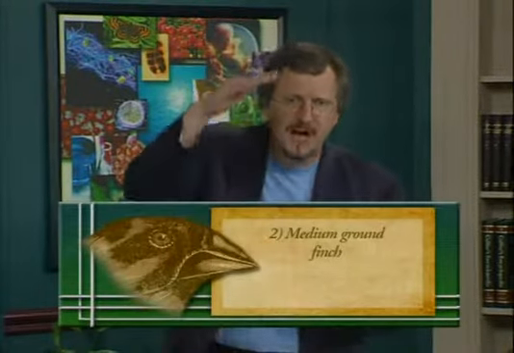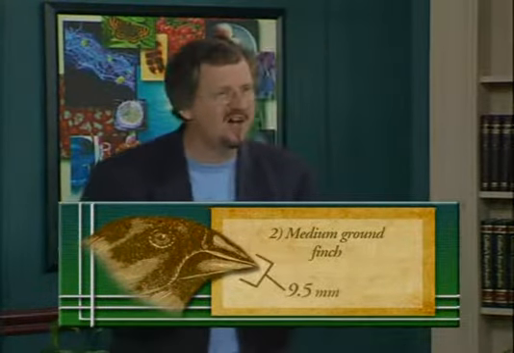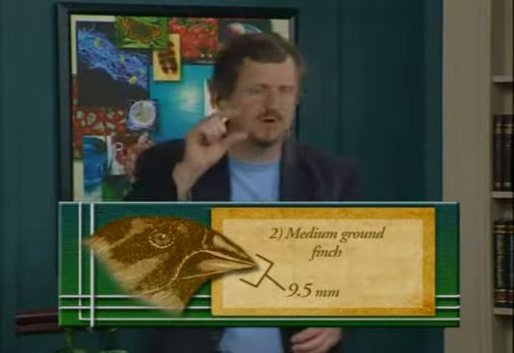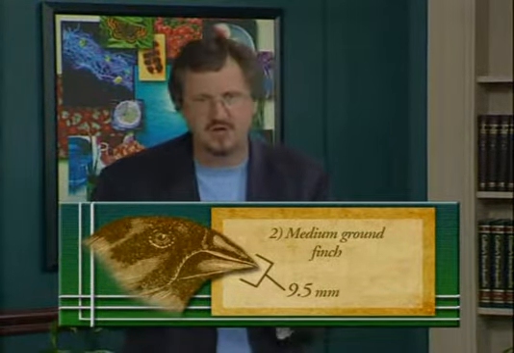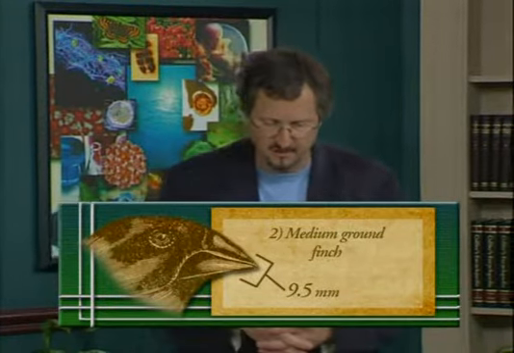Now, within the population of the medium ground finch that the Grants have been studying, there is considerable variation in beak size. Most individuals have sort of average-sized beaks. These beaks would be, if you measured them from the top to the bottom, about 9.5 millimeters deep. Depth is what is often measured when you're measuring beak sizes in birds because it's a convenient measure of the overall size of the structure.